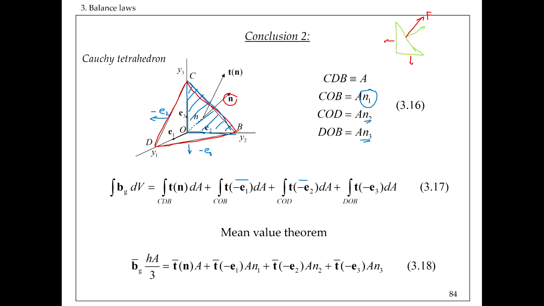Okay, so the dashed line here can also be calculated based on geometrical considerations. So once we specify how we draw this cross section to build our tetrahedron, based on n or coordinates y1, y2, and y3, we have the height, and we multiply it by the area A, right?